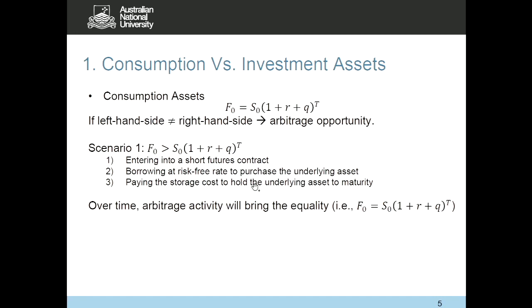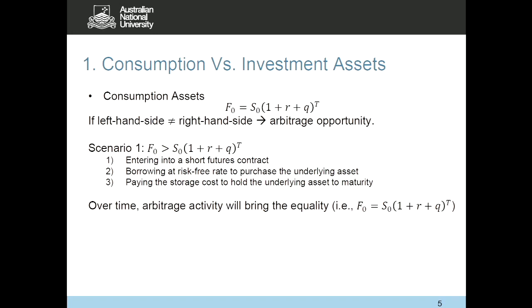A year later, we deliver that barrel of oil to the counterparty, and we lock in this overpriced capital F. Since this capital F is greater than the cost of carry, we made an arbitrage profit.